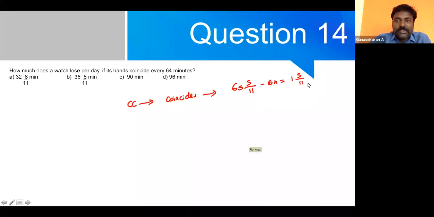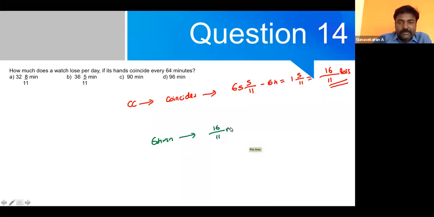1 5 by 11 minutes is the loss, that is 16 by 11 minutes. Understand? So in 64 minutes, my loss is 16 by 11 minutes. In 24 hours, what is my loss?